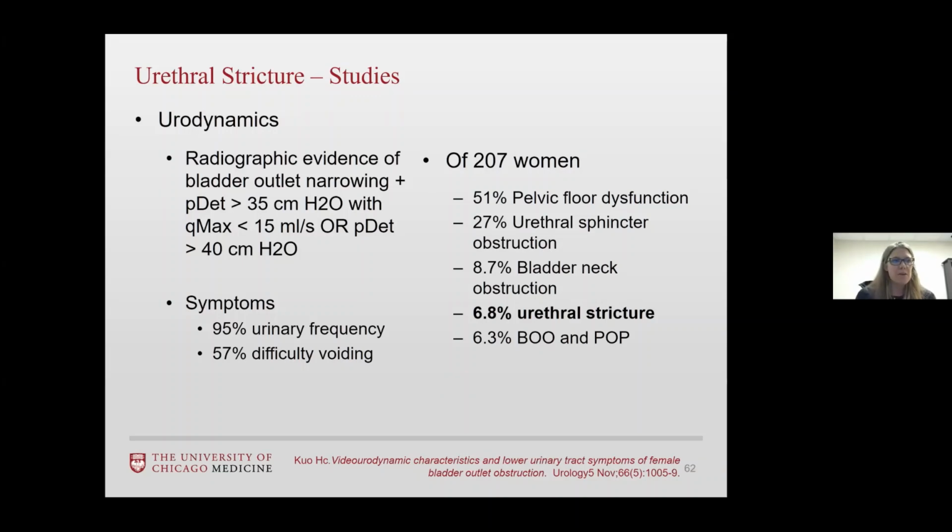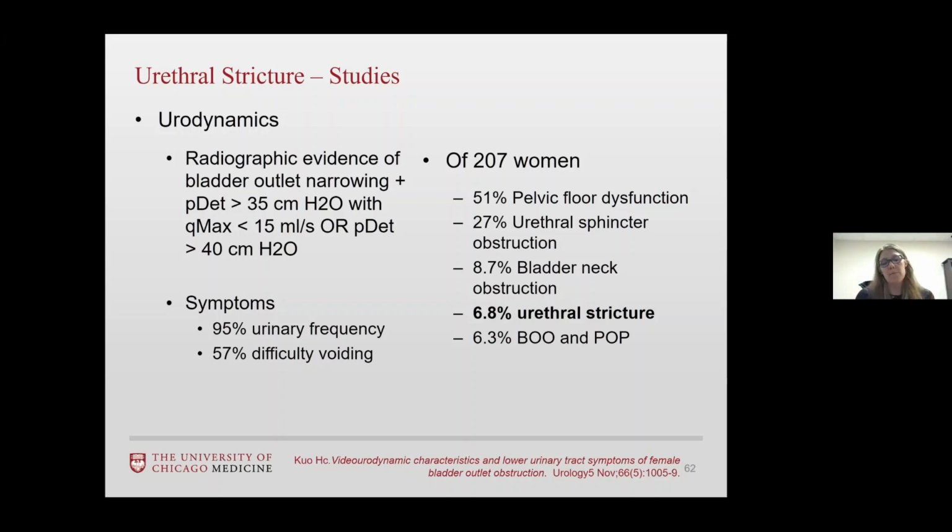Have they had urethral dilations before, traumatic catheterization, any sort of mesh procedure, pelvic organ prolapse procedure? Have they had a fistula repair or diverticulectomy? You really want to get a very, very good history to correlate with their symptoms.